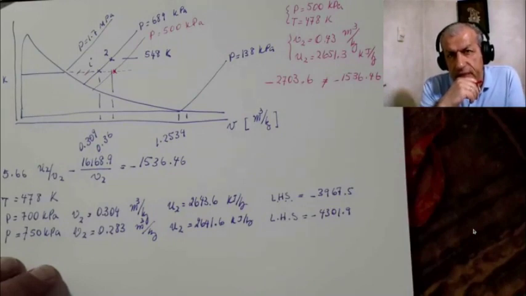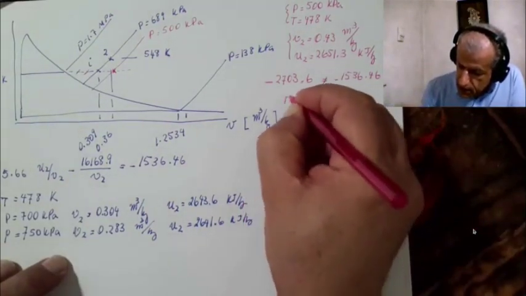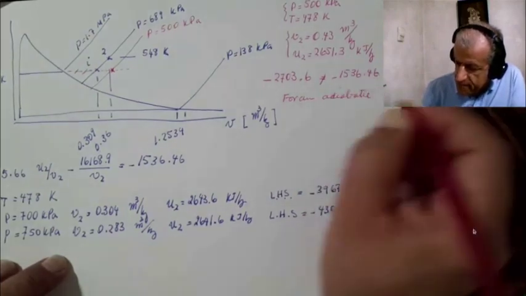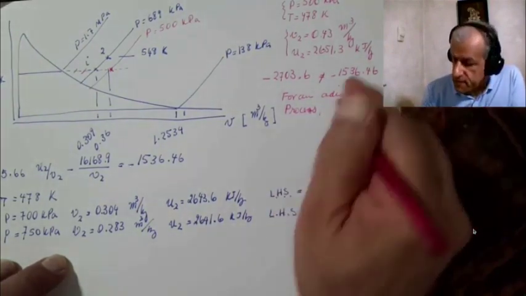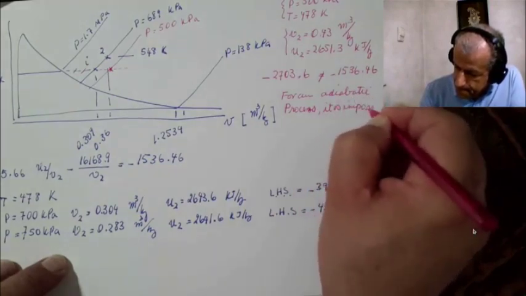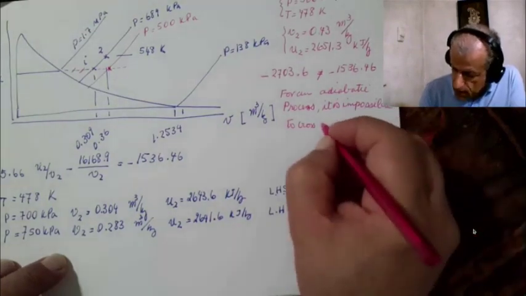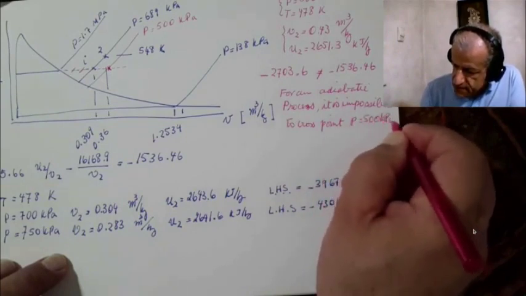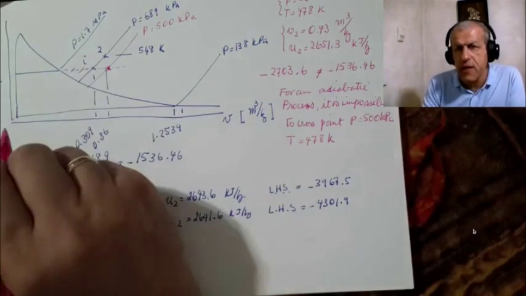It means that for an adiabatic process, it is impossible to cross or to reach the point P equals 500 kilopascals and T equals 478 kelvins. An adiabatic process won't cross this point.